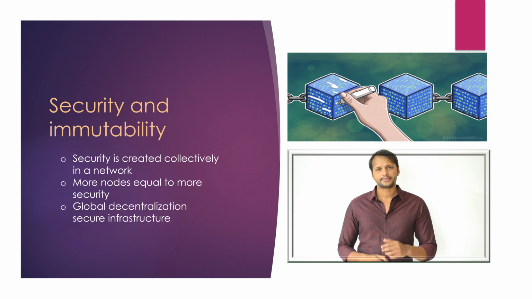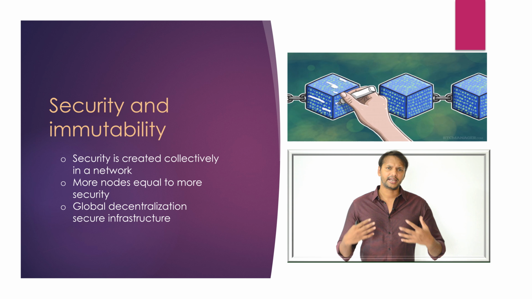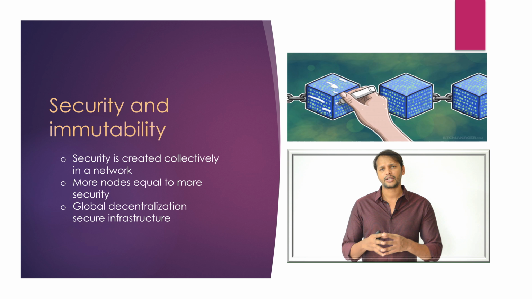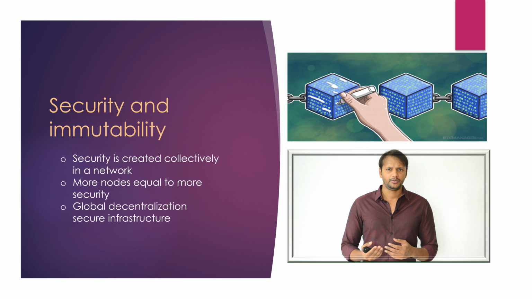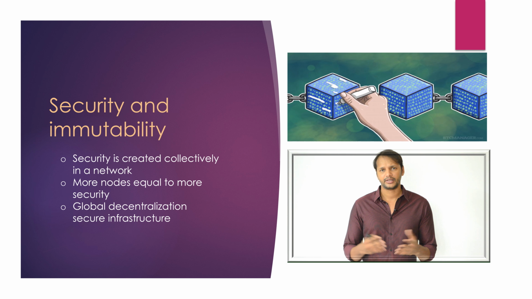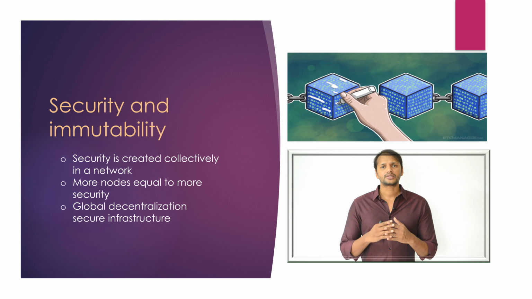So next comes security and immutability. What blockchain gives you is security and immutability. Nowadays, any technology which comes in the market, one big threat is security. Say for example, what happened with Facebook, or any hacks going on in the technology world. So security is one of the basic concerns in any technology.